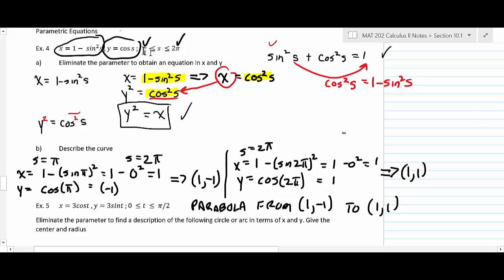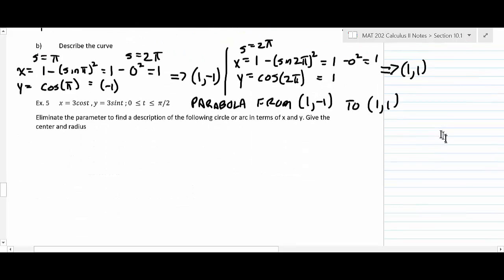Starting at pi, t can get bigger and bigger, but this is generating x values that aren't going to change much, because if y is equal to cosine, you're within some particular boundary defined by that cosine. Same thing with 1 minus sine squared. Okay, so that's the idea.